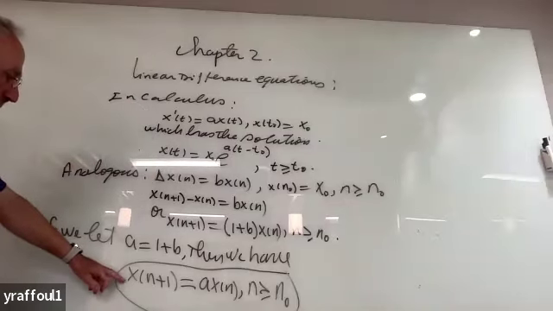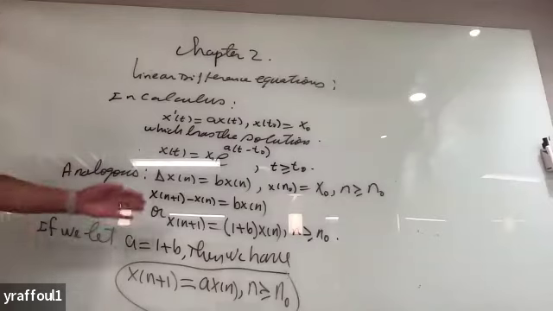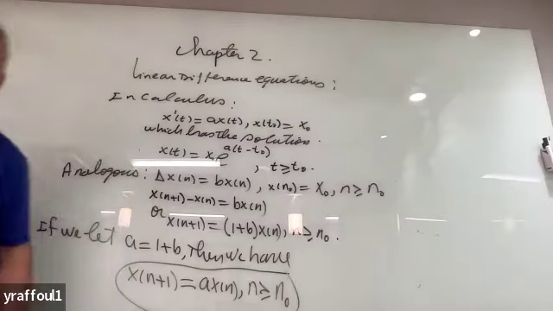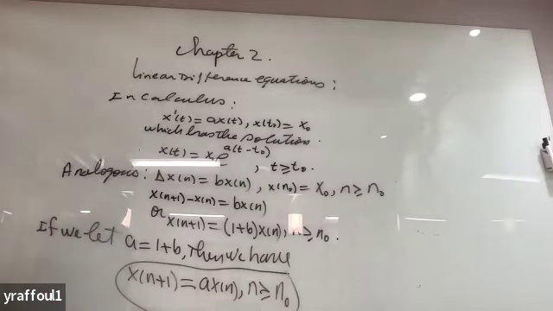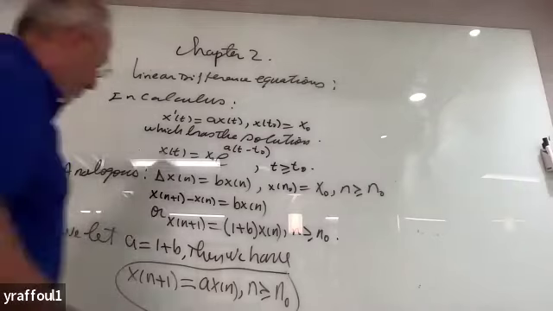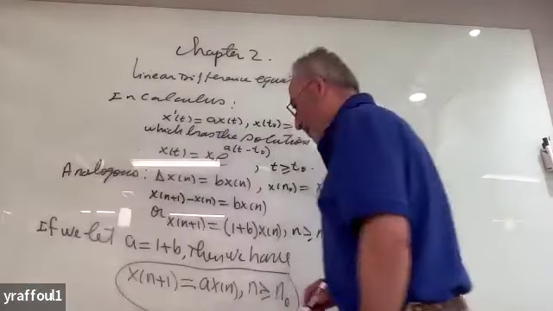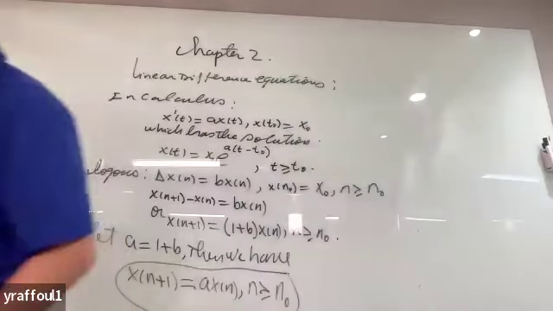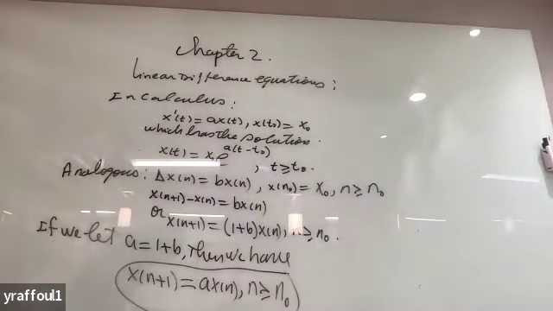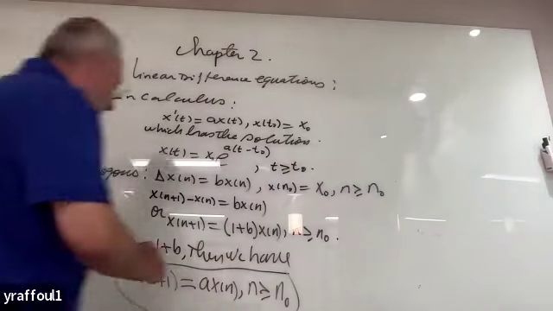Then we wrote it like this, which is a better way for us because we're gonna do some kind of iteration. So what is x1?